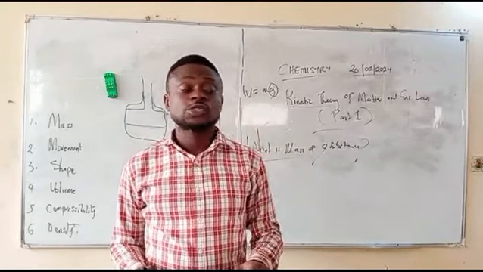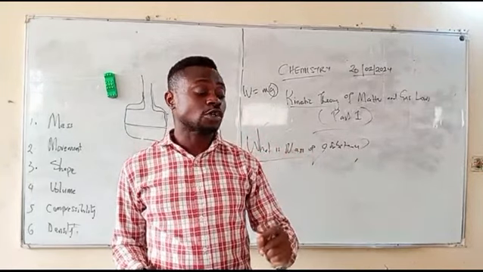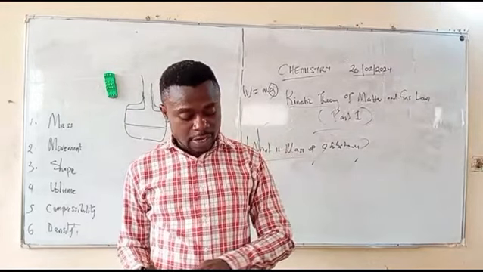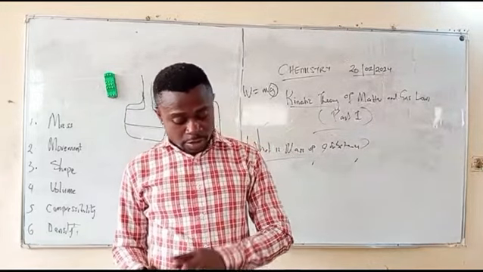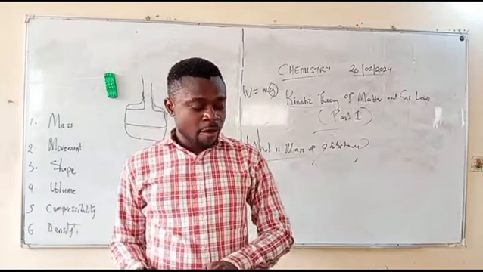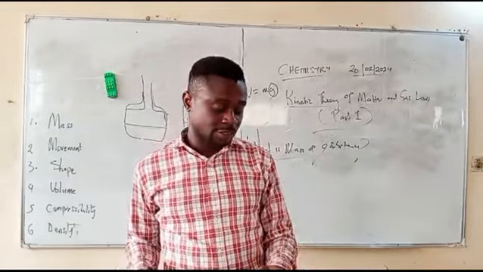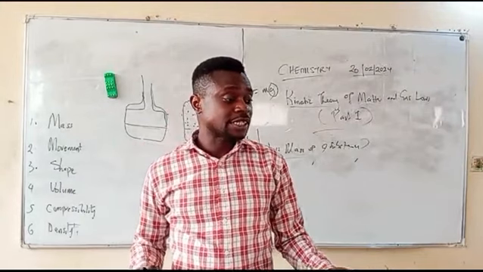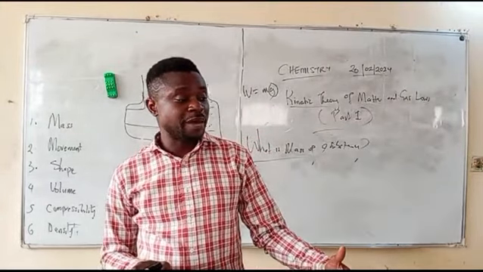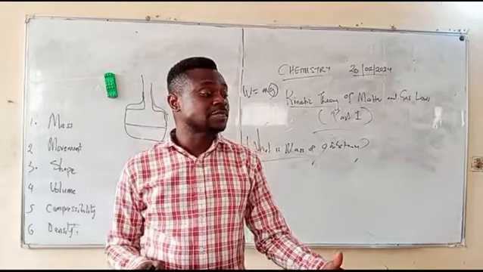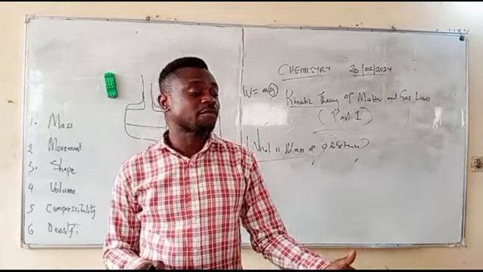Solid, there's still interparticular attraction between the particles of liquid. Let's assume that this is a container that contains liquid, right? This is the level of liquid. We have different particles like this of the liquid.